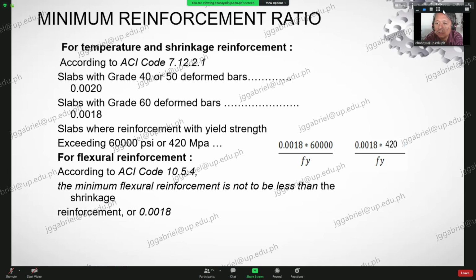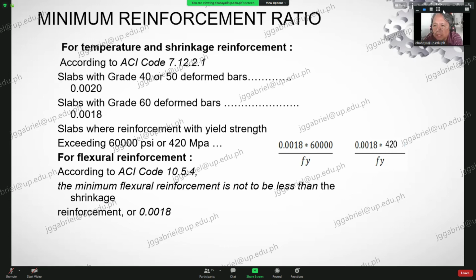So the tendency would be that there will be cracks if you won't have any reinforcement for temperature. As for shrinkage, what was said is right, Nicole.